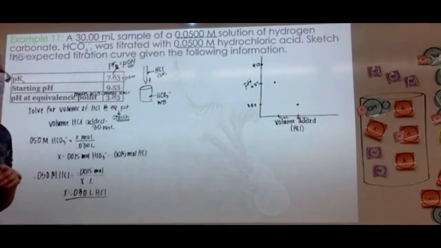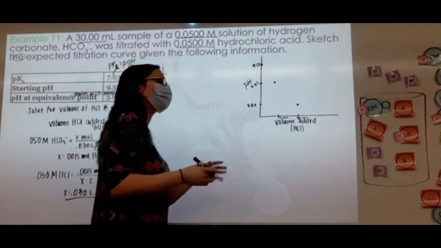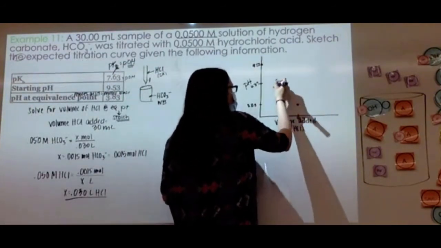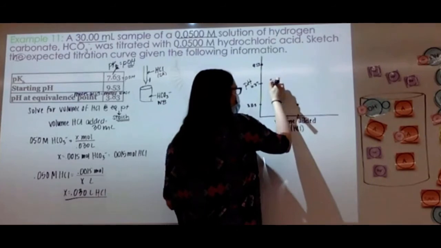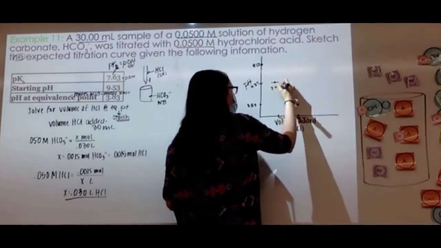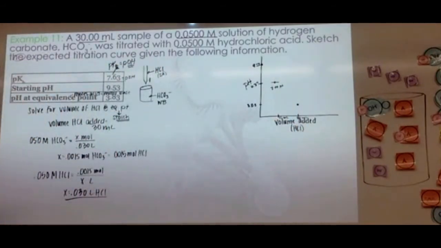Now when you're drawing a titration curve, some tips that other teachers who actually grade the AP test have given is, just as you're drawing the curve to help you remember, since this is the half equivalence point, put a horizontal line through that dot, through that point.